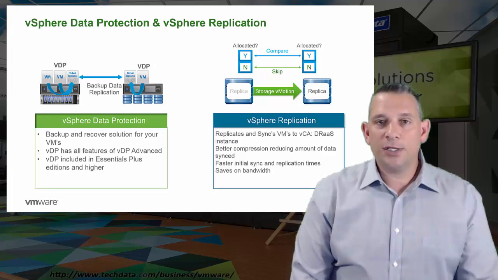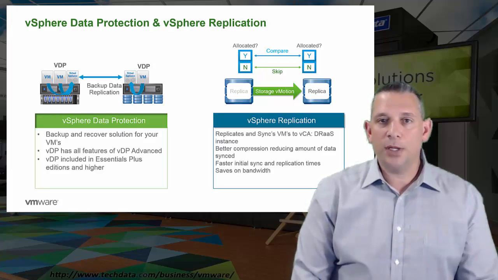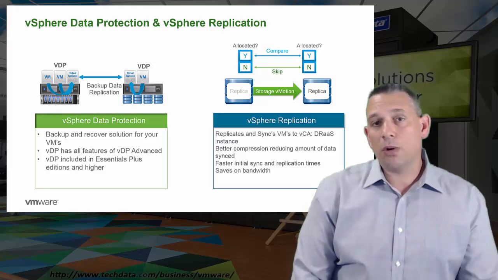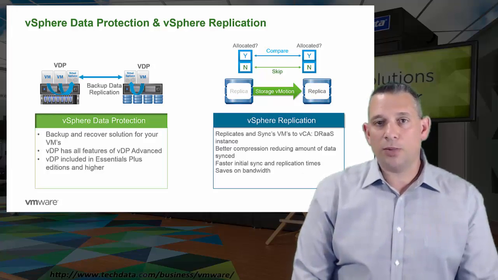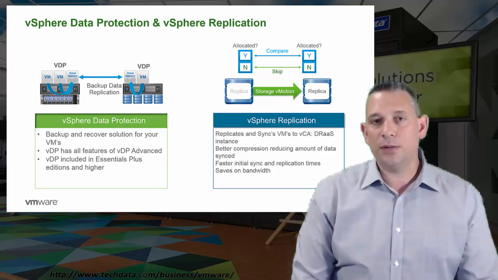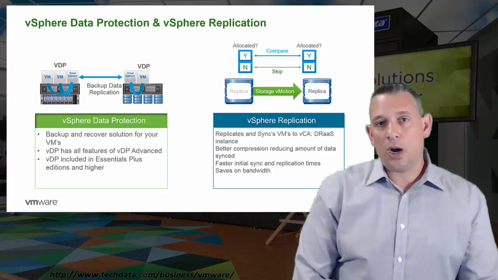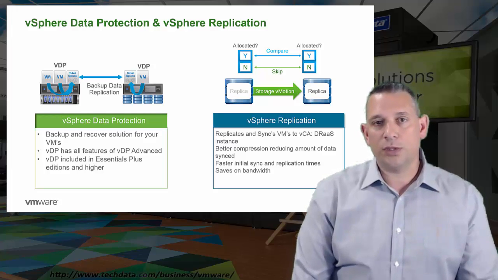The vSphere Replication appliance now also has the ability to tie in with vRealize Orchestrator. This gives you the capability to automate the failover and failback process, which we were unable to do previously because it was a manual process, as it did not tie back into vRealize Orchestrator. So that is a new capability now to automate that failover and failback process, which has been a great improvement.